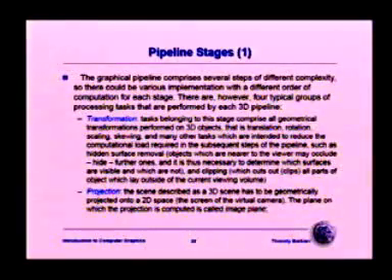But more or less the main building blocks of what a graphic pipeline does are transformation, that is moving 3D objects in the scene according to the updated position of the viewer.